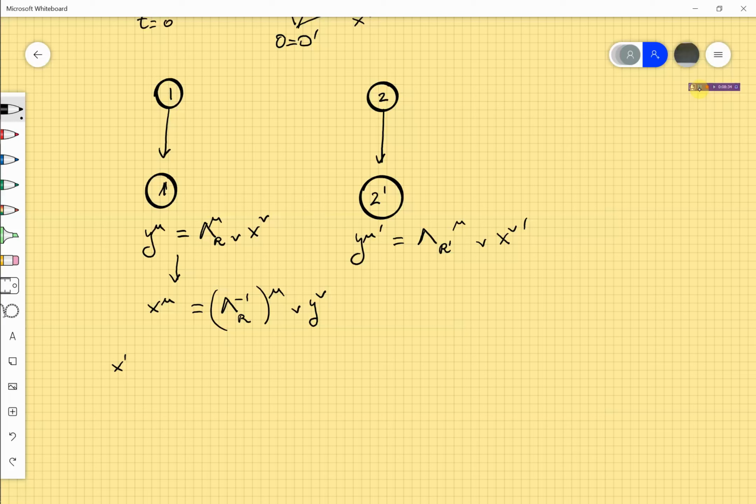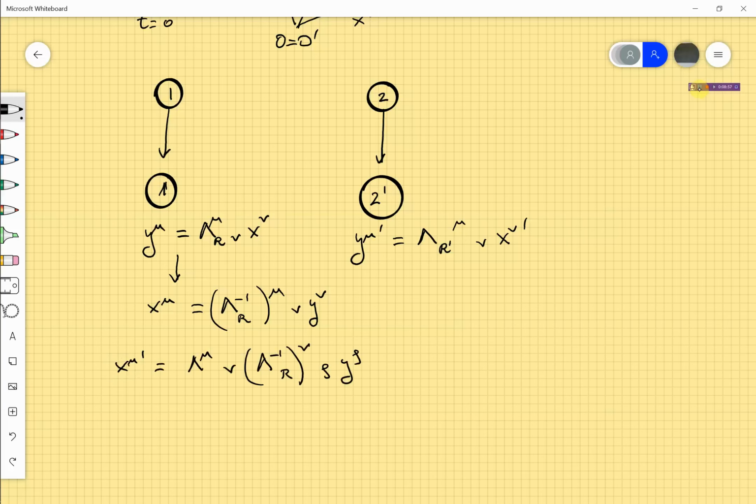Remember that we have x mu prime equal to lambda mu x nu, and now instead of x nu I write lambda minus 1 r nu rho y rho.